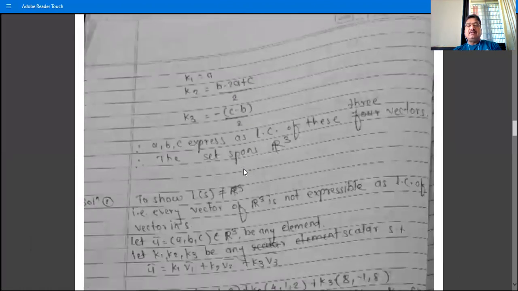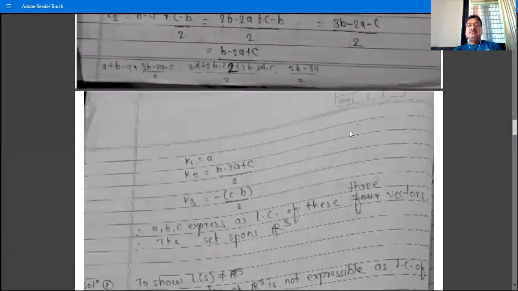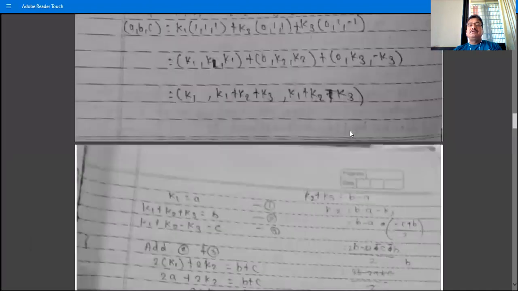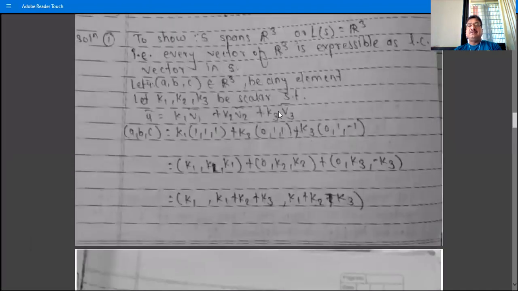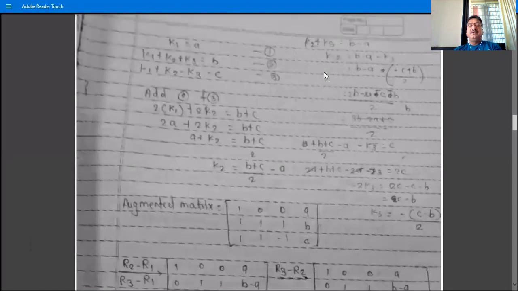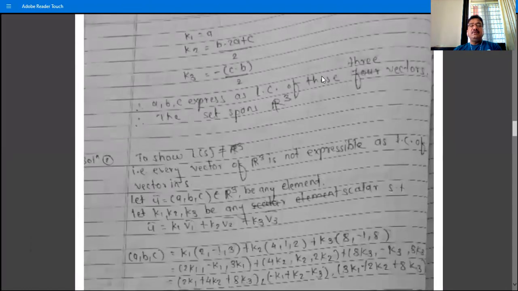So we have the values of K1, K2, K3, and therefore we say that ABC, the vector U, is expressed as a linear combination of the 3 vectors V1, V2, V3 of this set S, and therefore we say that this set S spans R3.